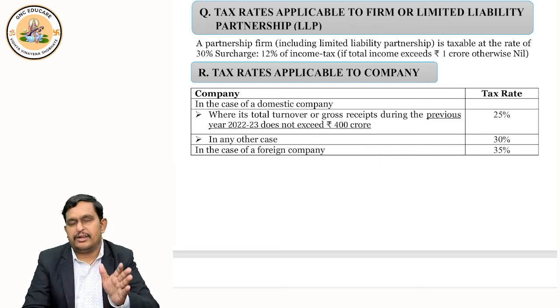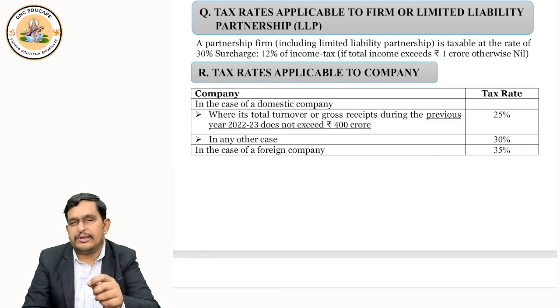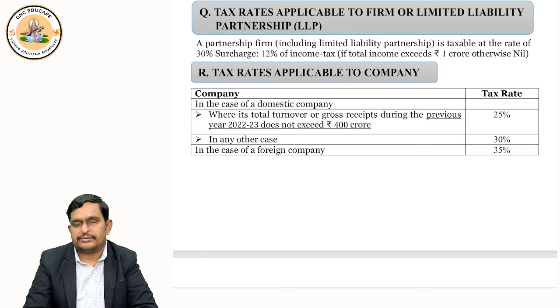If your income is up to 1 crore, no surcharge. If your income is 1 crore 1 rupee to 10 crores, surcharge rate will be 7% in case of a domestic company. And if your income is more than 10 crores, surcharge rate will be 12%.